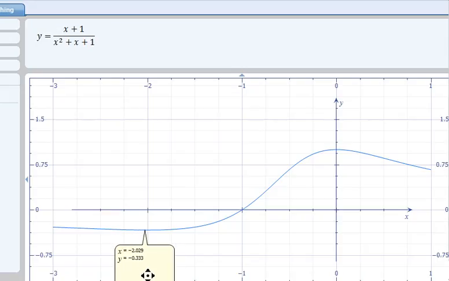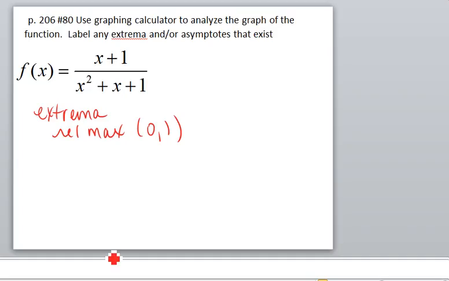So it looks to be about negative 2, negative 2 comma negative 1/3. So relative minimum at (-2, -1/3).